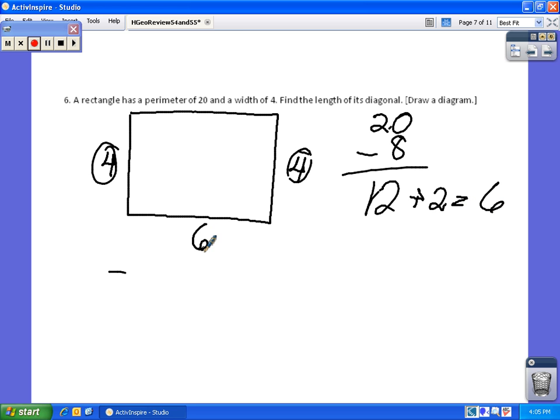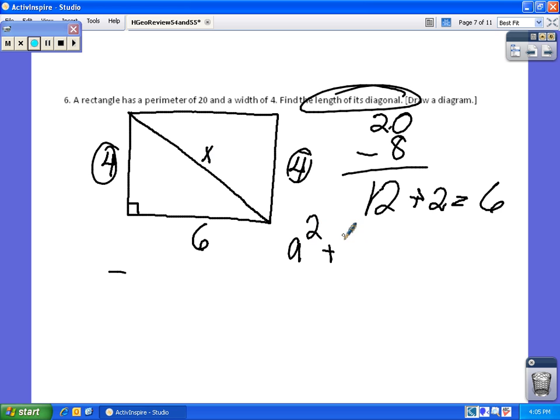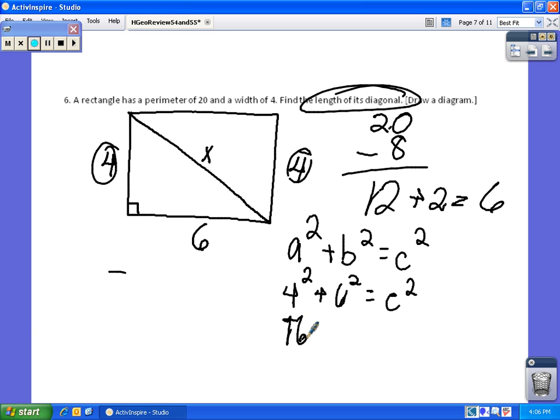They want to know the length of the diagonal, so let's actually draw the diagonal in. And you notice that we've actually formed a right triangle. To solve for the missing length in a right triangle, we use the Pythagorean theorem. A squared plus b squared equals c squared. Since the diagonal is the hypotenuse, we're actually solving for c in this equation. 16 plus 36 is equal to c squared.